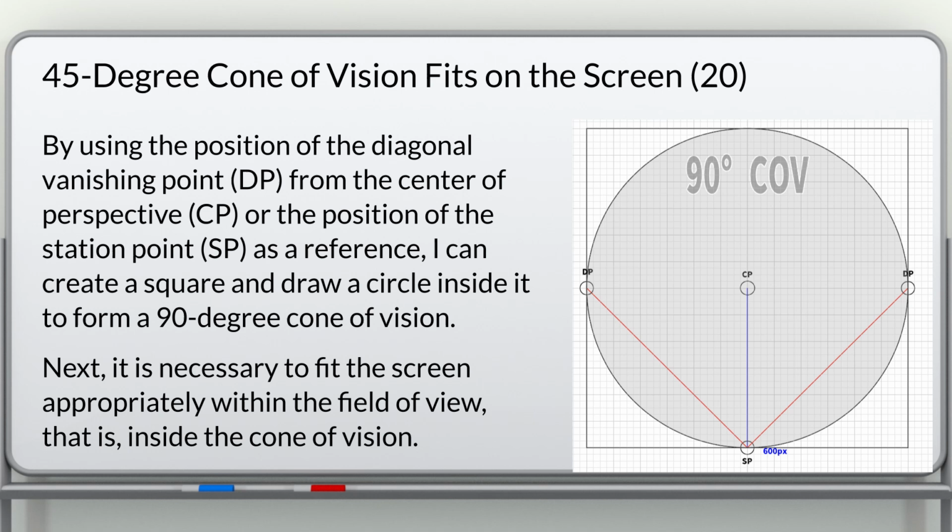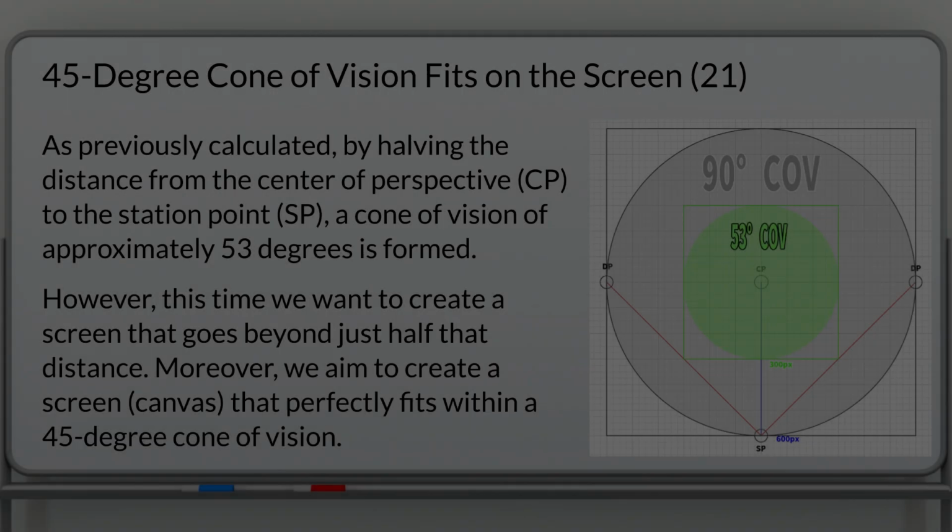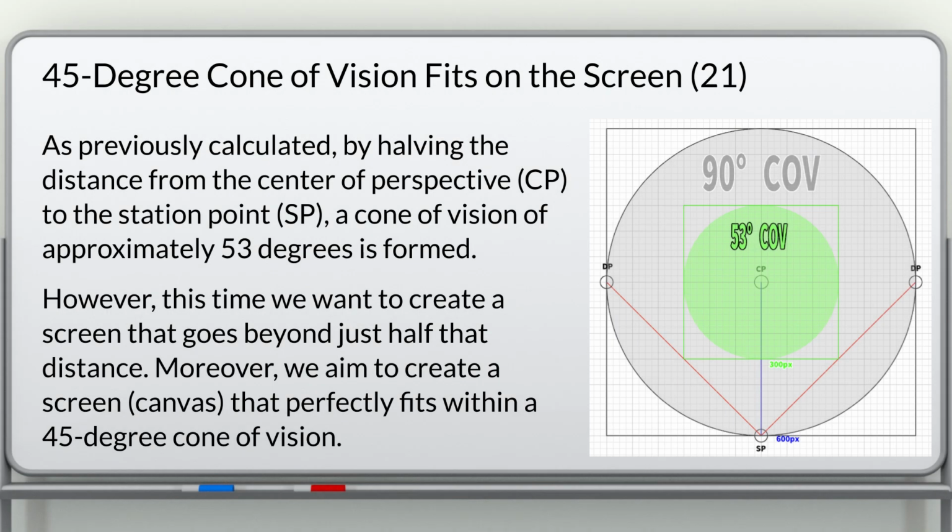By using the position of the diagonal vanishing point from the center of perspective or the position of the station point as a reference, I can create a square and draw a circle inside it to form a 90-degree cone of vision. Next, it is necessary to fit the screen appropriately within the field of view, that is, inside the cone of vision. As previously calculated, by having the distance from the center of perspective to the station point, a cone of vision of approximately 53 degrees is formed.